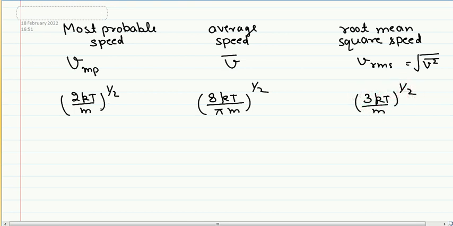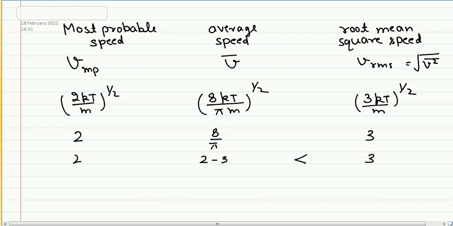So if we compare these, the term kT by m is common, and the different terms are 2, then 8 by pi, and then 3. Now the value of 8 by pi, with pi as 3.14, will be between 2 and 3.